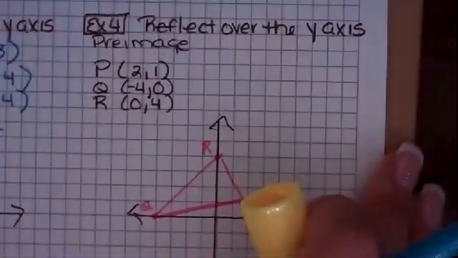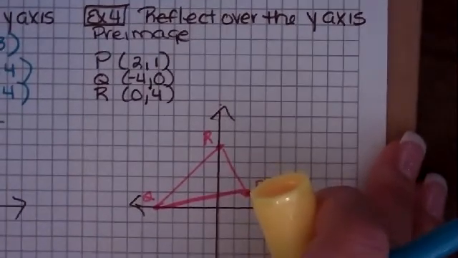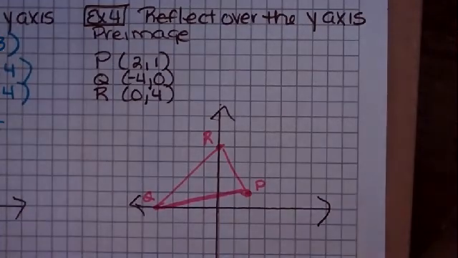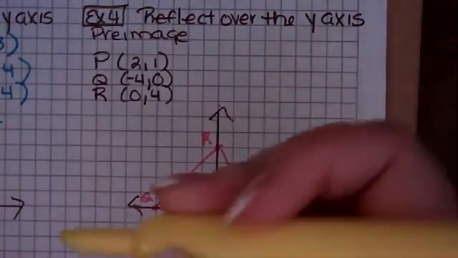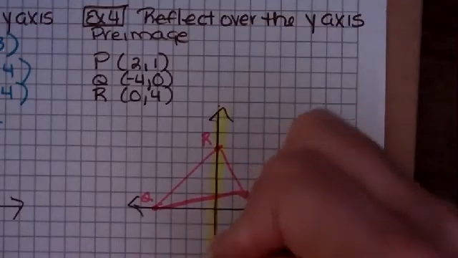Example 4 is also reflecting over the y-axis. And I have my pre-image PQR, which I have already graphed right here. So pause your video and copy this down. Now, I'm reflecting over the y-axis, so this time again, I'm going to take my highlighter and highlight the y-axis.